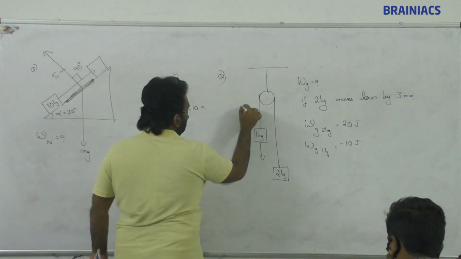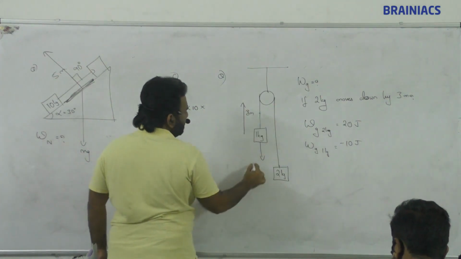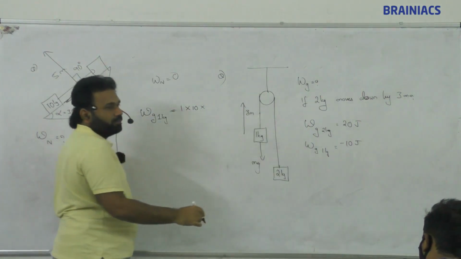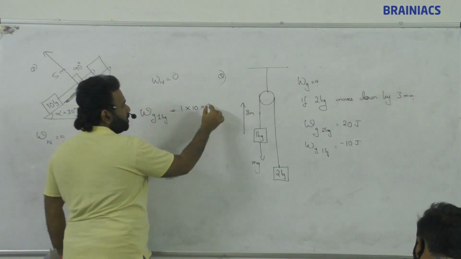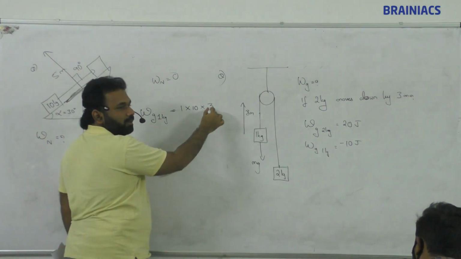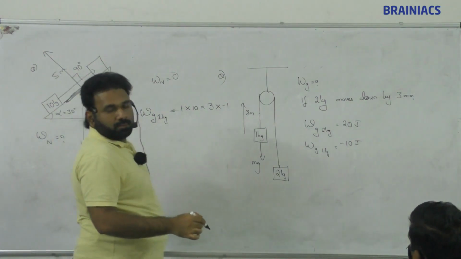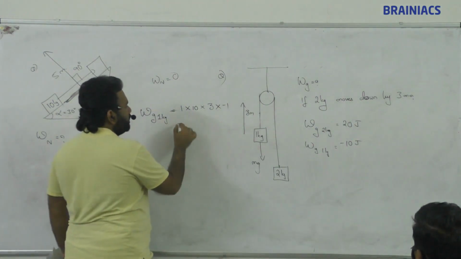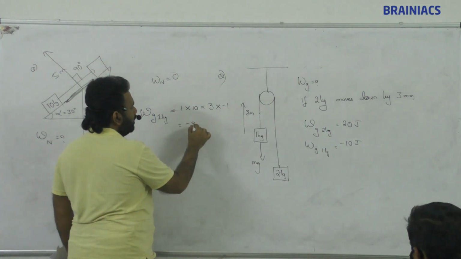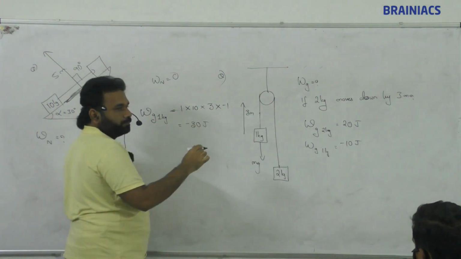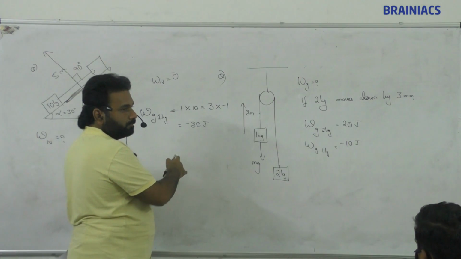This will move up by 3 meter. This will be the direction of mg. So this is going to be 3 into 10 into cos 180, minus 30 joule. Correct or what, Aslam?